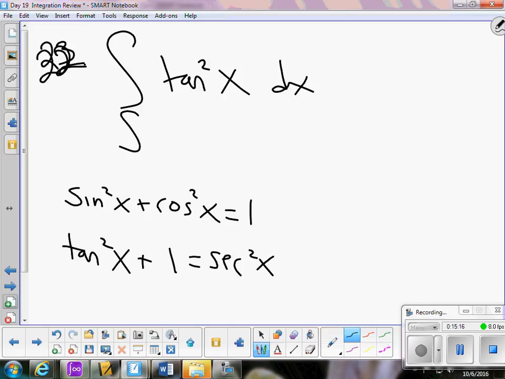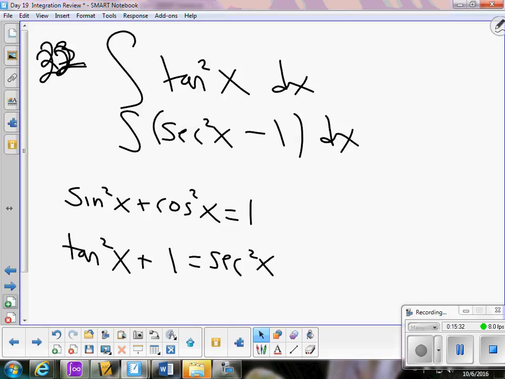That's the only one you have to know. You divide it through by either cosine squared x or sine squared x to get the other two. So what are we going to replace tan squared x with? Secant squared x minus 1. Well, now you just integrate them separately because it's subtraction. So yeah, it's just tan x minus x.